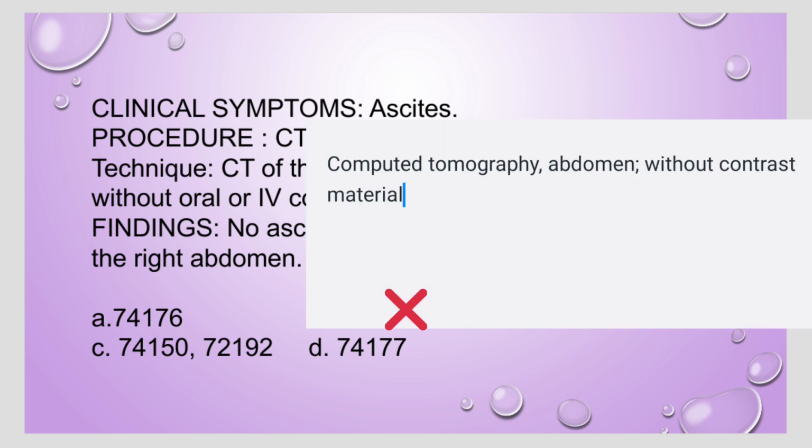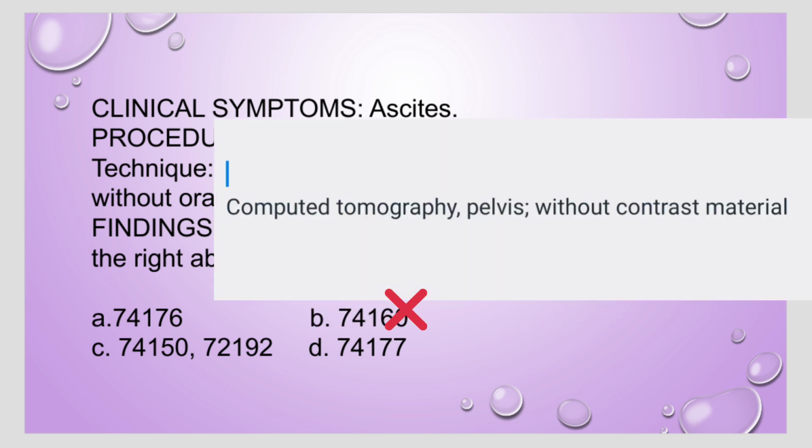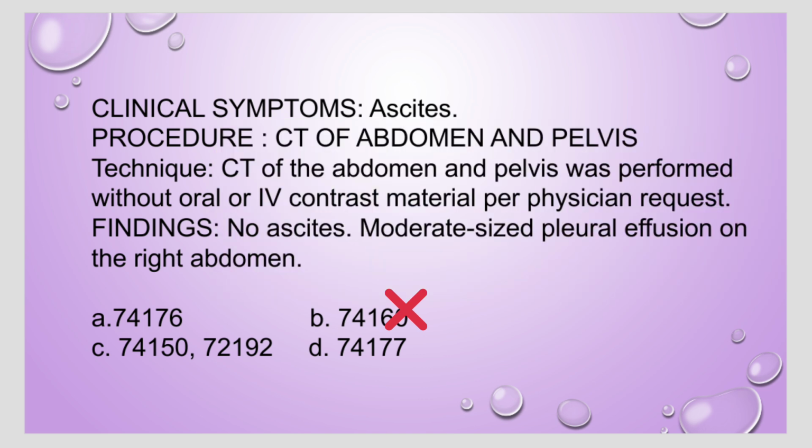74150. It is for CT abdomen without contrast. 72192 is for CT pelvis without contrast. In our question, we are having both the procedures, but as we all know, we have a combo code for this procedure, that is 74176, right?